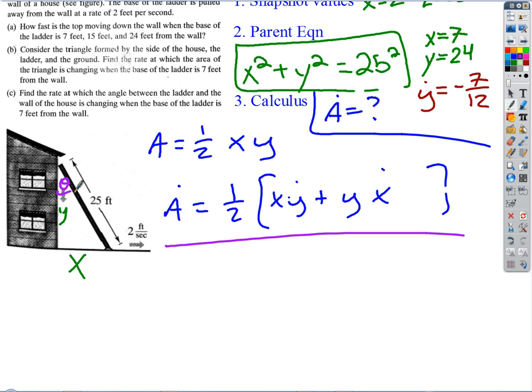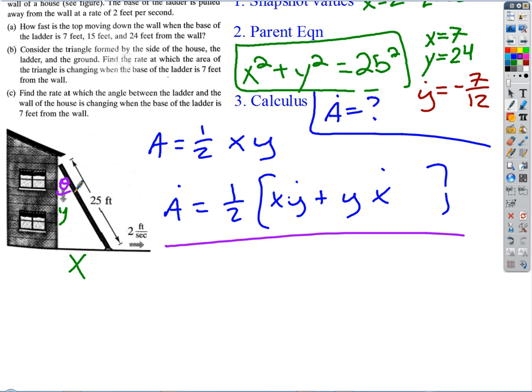Now we can do this any number of ways, but we might as well make this as easy as possible. Do I want to involve both variables x and y? No, I don't need to. I might as well pick an angle where I know the hypotenuse of that triangle.